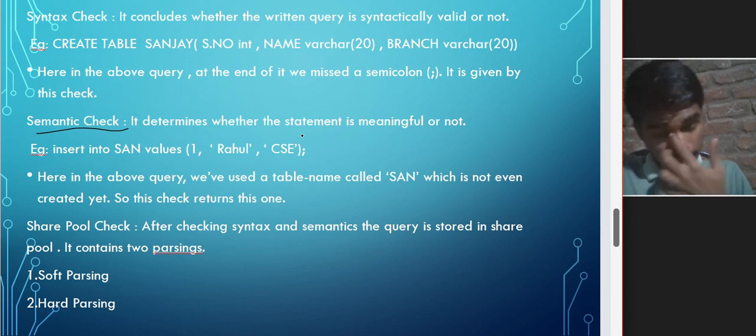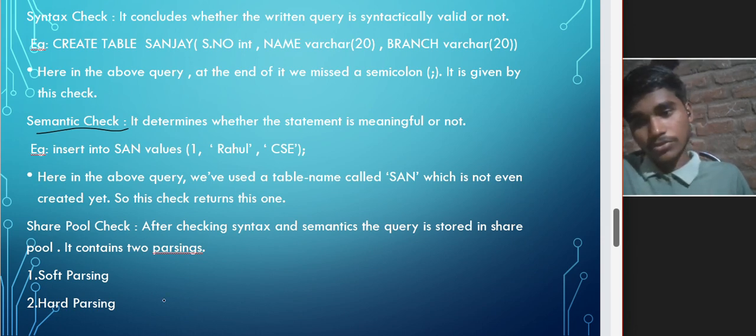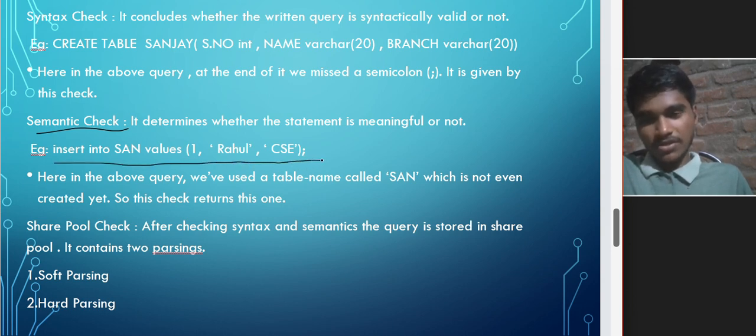If the table is present, we have inserted 3 values which are correct syntactically, but these three values are inserted into the table in the order in which they are written. So 1 is inserted into the first column, Rahul is inserted into the second column.